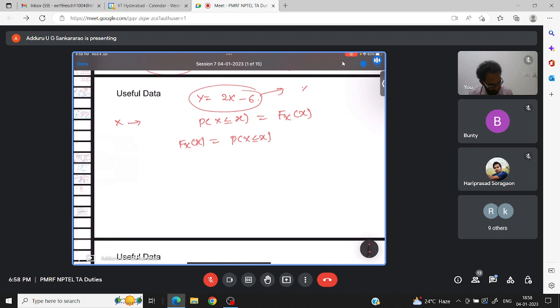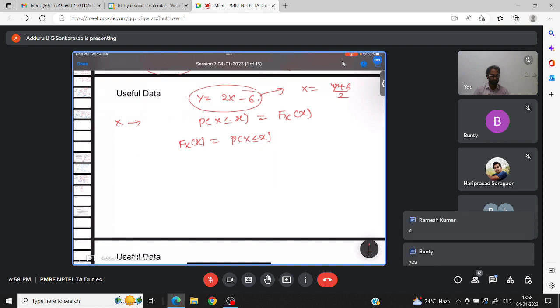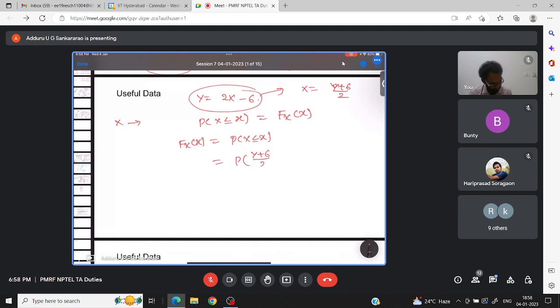From here, can I write X equal to (y plus 6) by 2? So this I will write as the probability of (y plus 6) by 2 less than or equal to x.